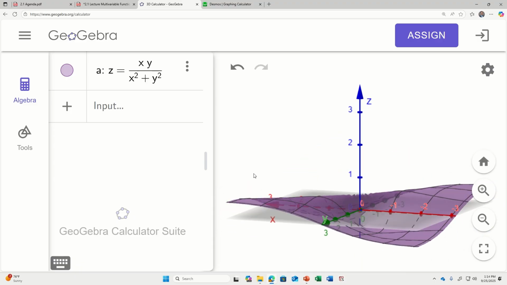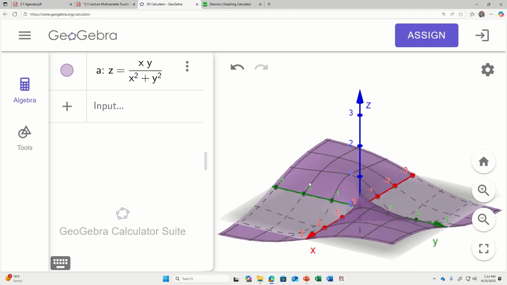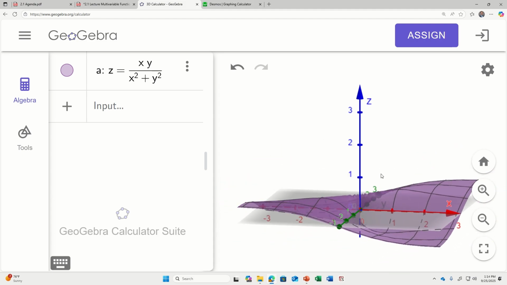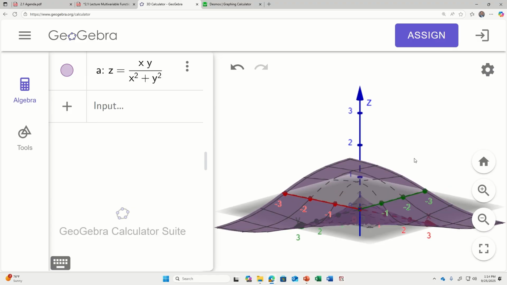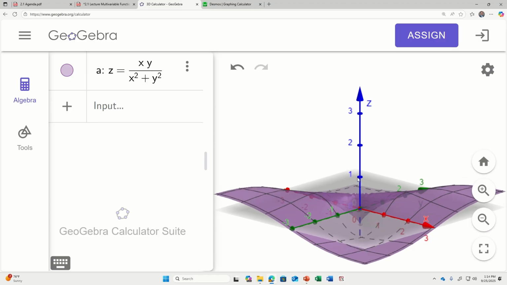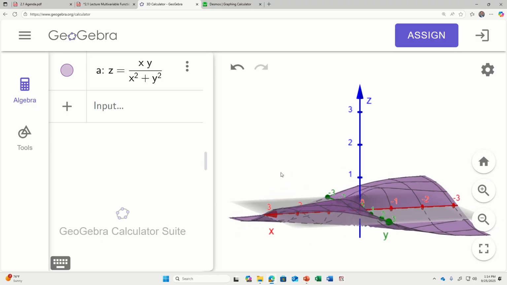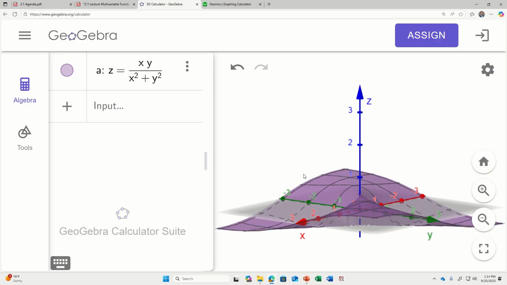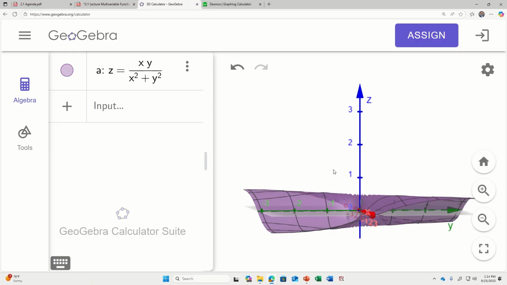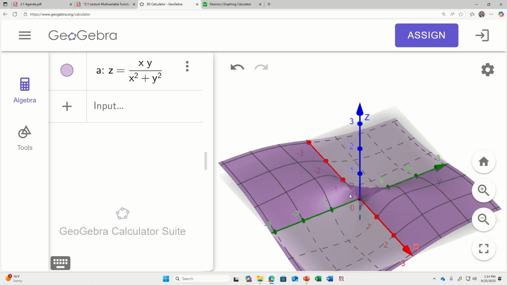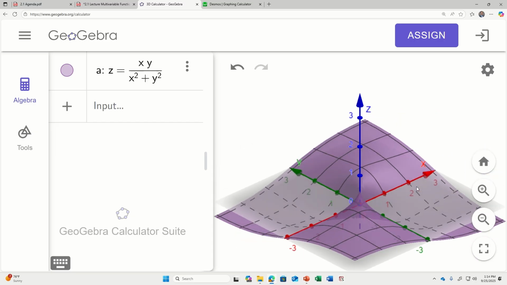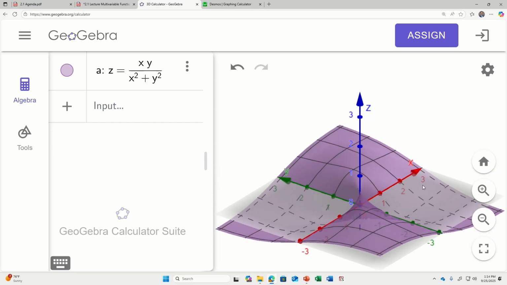But the problem is some directions where I approach the origin, I'll get the number positive 1/2. Other directions when I approach the origin, it looks like I get the number negative 1/2. Some directions, like if I approach along the y-axis or along the x-axis, I get a limit of 0. Do you see why that little pinch in the fabric is an issue? That's why the limit doesn't exist.